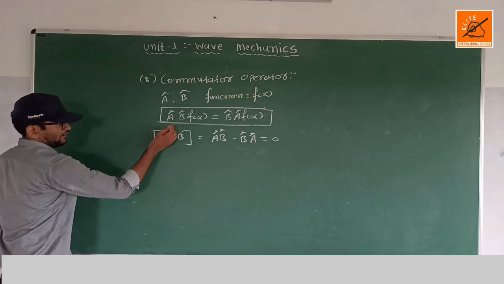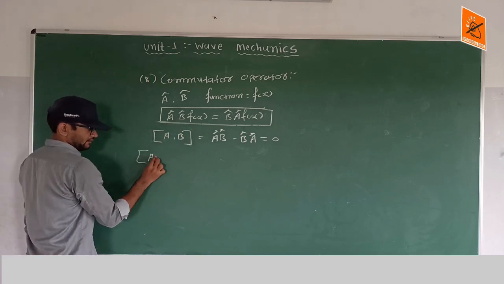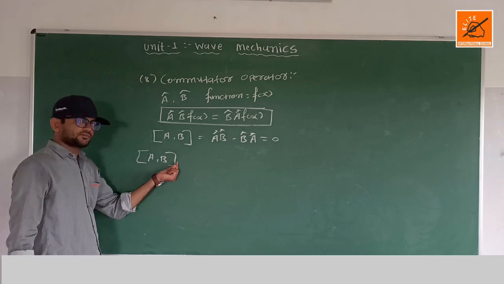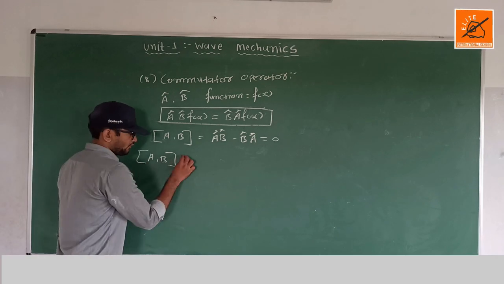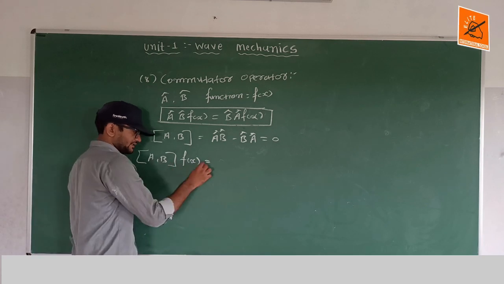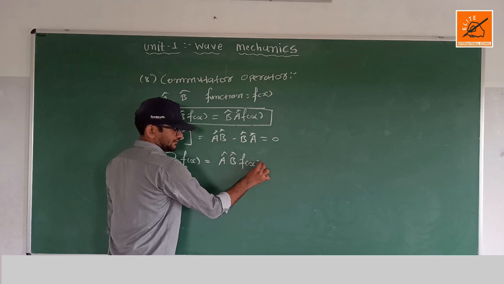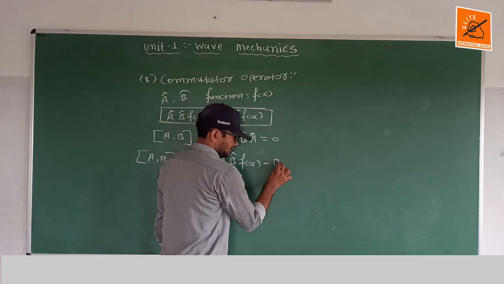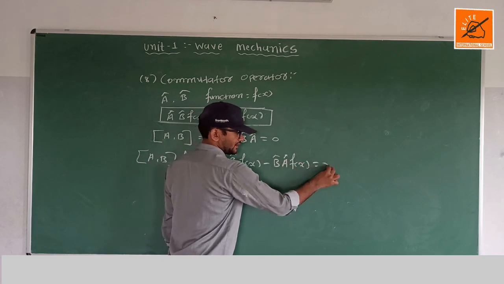Now we apply a function on this. A and B are both operators, and the square bracket indicates the commutator operator, which operates on function f(x): a cap b cap f(x) minus b cap a cap f(x) is equal to 0.